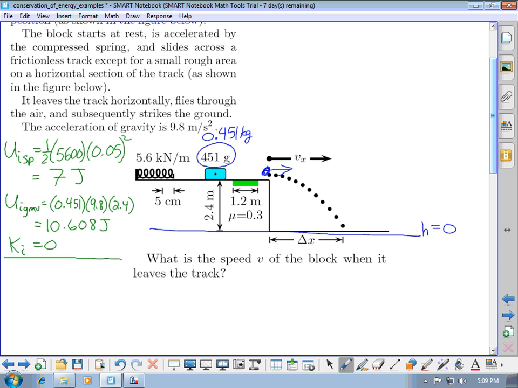As this block is sliding along and it leaves the edge of the track, there's no spring potential energy because the spring is not compressed anymore. The final gravitational potential energy is still going to be 10.608 joules because it's still at a height of 2.4 meters.